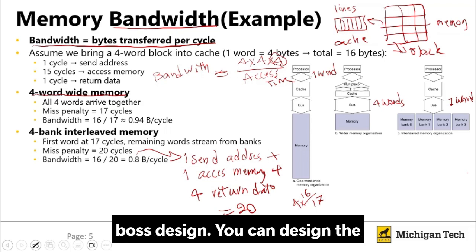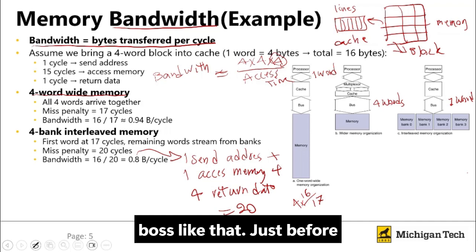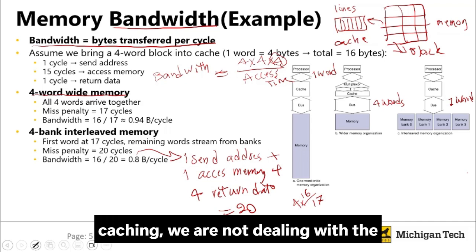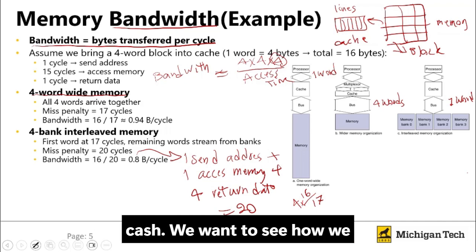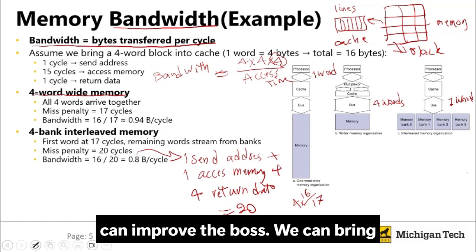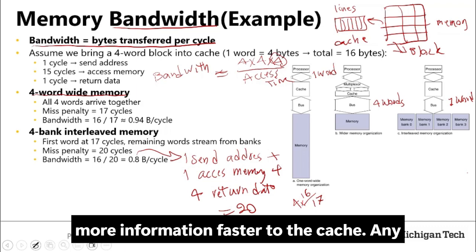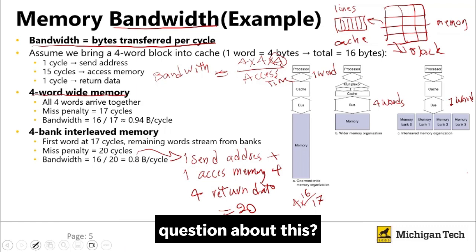This is also called bus design. You can design the bus like that. This is before caching. We are still not dealing with the cache. We want to see how we can improve the bus to bring more information faster to the cache. Any questions about this?